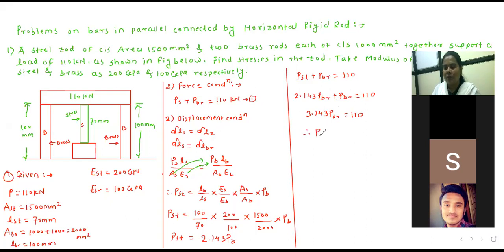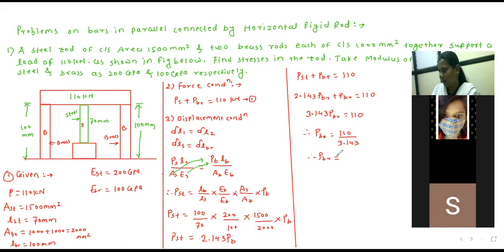Therefore, force or load in brass is equal to 110 divided by 3.143. You calculate and tell me the load taken by brass. 35.03 Newton. 35.03.